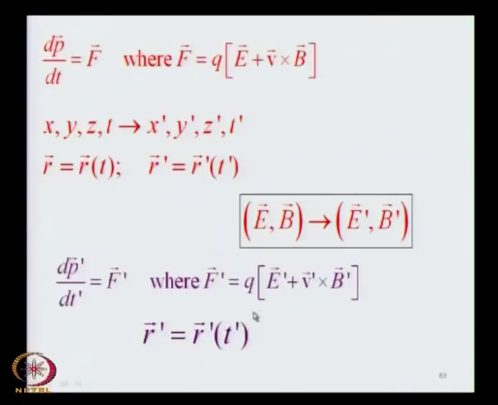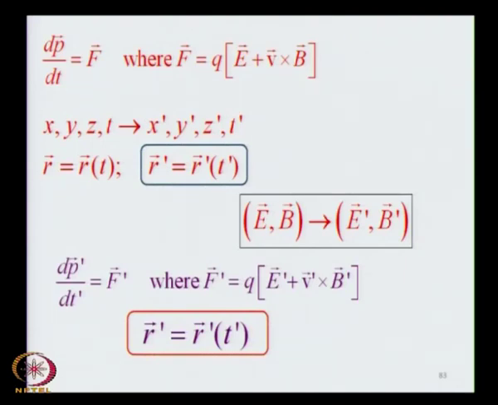The second method involves the relativistic transformations of the electromagnetic field from E, B in one frame to E prime, B prime in the other, and then setting up a different equation of motion. And if we have done this correctly, then of course the solution obtained using this method must agree with the solution obtained using the other method. The two should generate the same curves in their respective spaces.